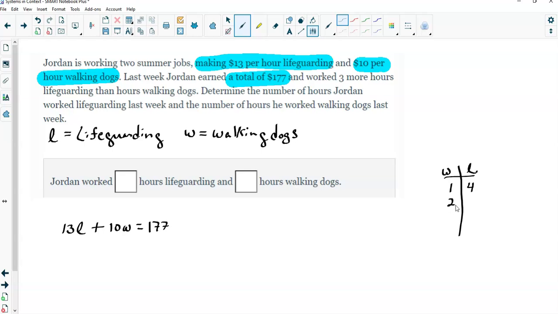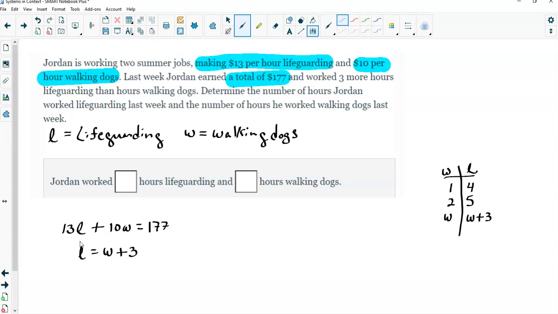If he works 2 hours walking the dogs, then he worked 5, because 2 plus 3 is 5. So let's say he worked W. So that would be W plus 3, right? So that means L is the same as W plus 3. So here is my equation. L equals W plus 3. Whatever he walked, plus 3. Okay? Because he worked more hours lifeguarding than walking dogs.